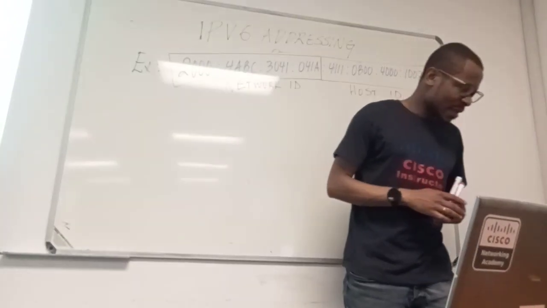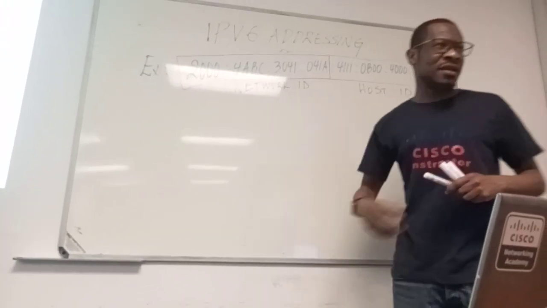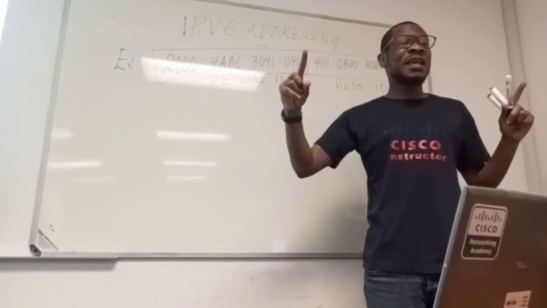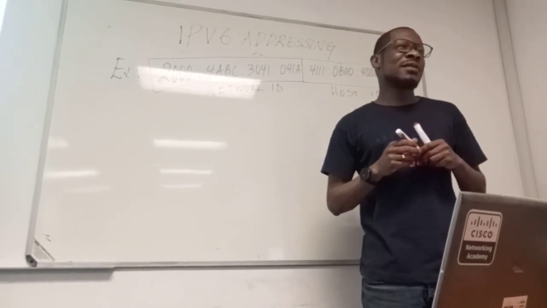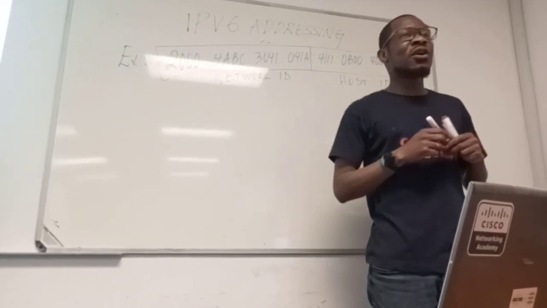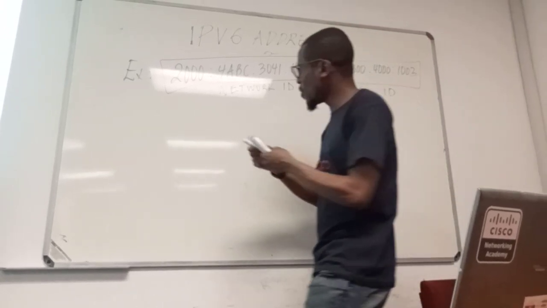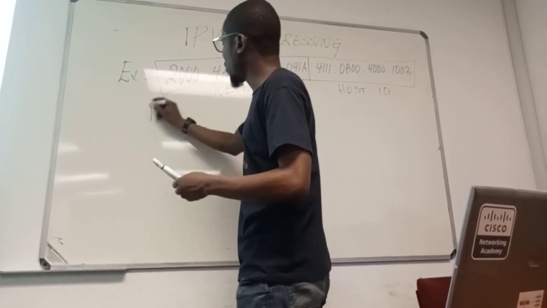Now, when you get an IP like this, you can notice it's very long, right? There's a way you can make it shorter. We call it removing leading zeros.